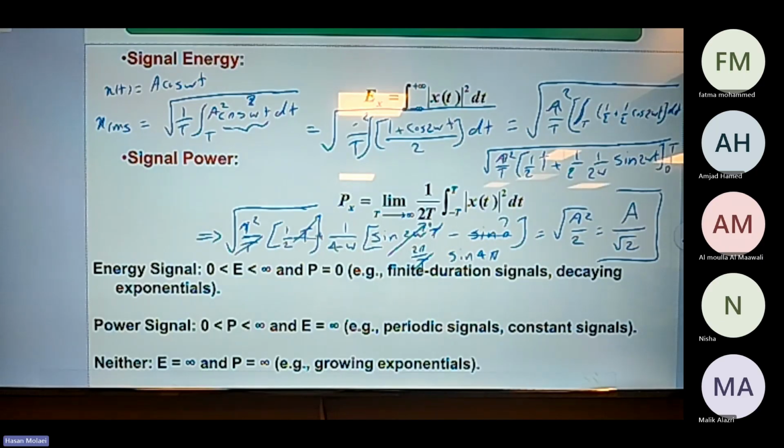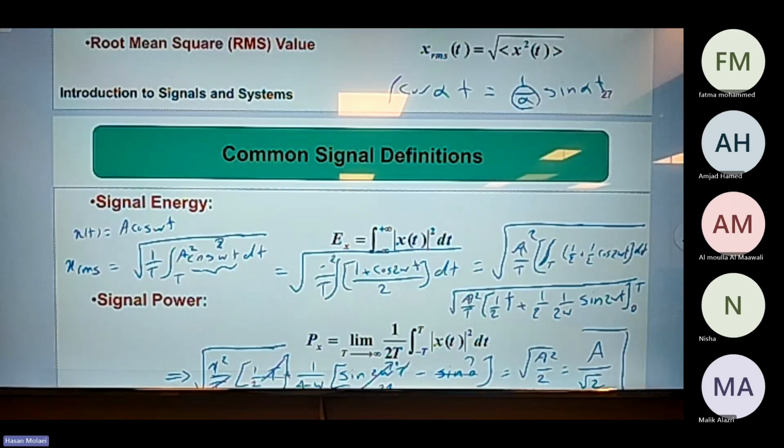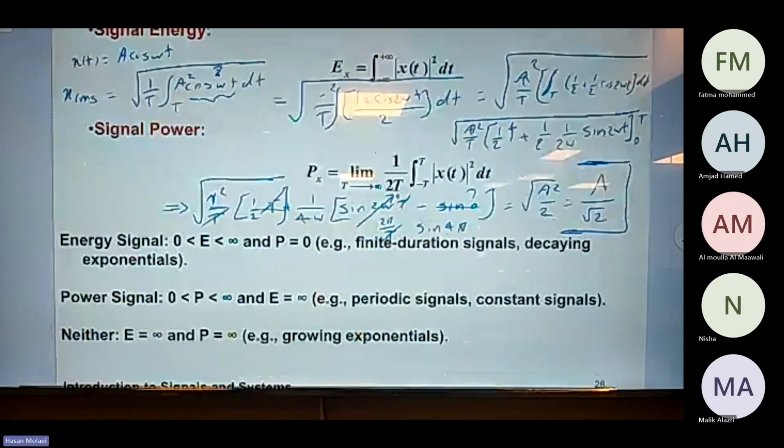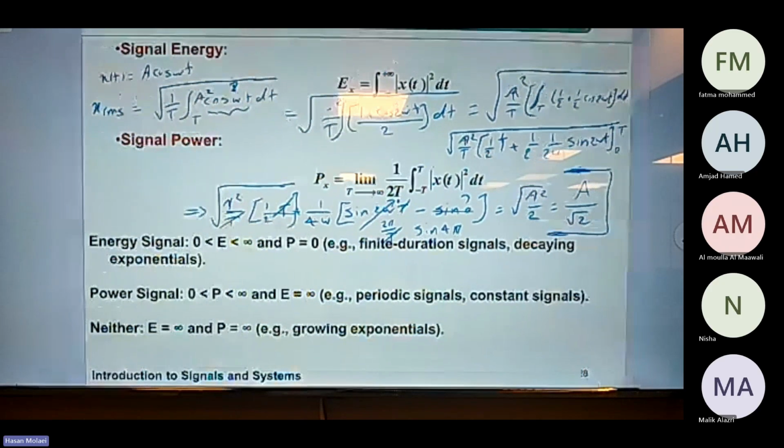Isn't it minus one? We are looking for a positive value. It's meaningless to say the effective value of 2 volts is negative. Okay, you are right, A can be positive or negative, but for us here it doesn't matter.